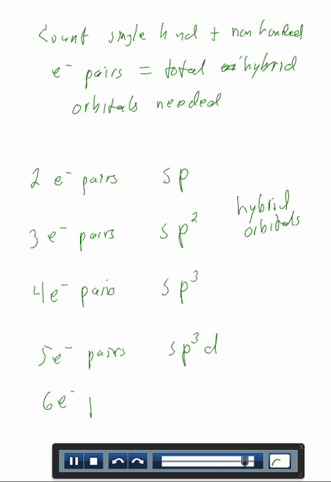Then if we need 6 pairs to accommodate, we can take an s, all 3 of the p's, and 2 of the d's. These are only possible for third row atoms and below, because only they have d orbitals available. The principal quantum number n for d orbitals starts with n equals 3, so we have to be on the third row or below to have d orbitals.